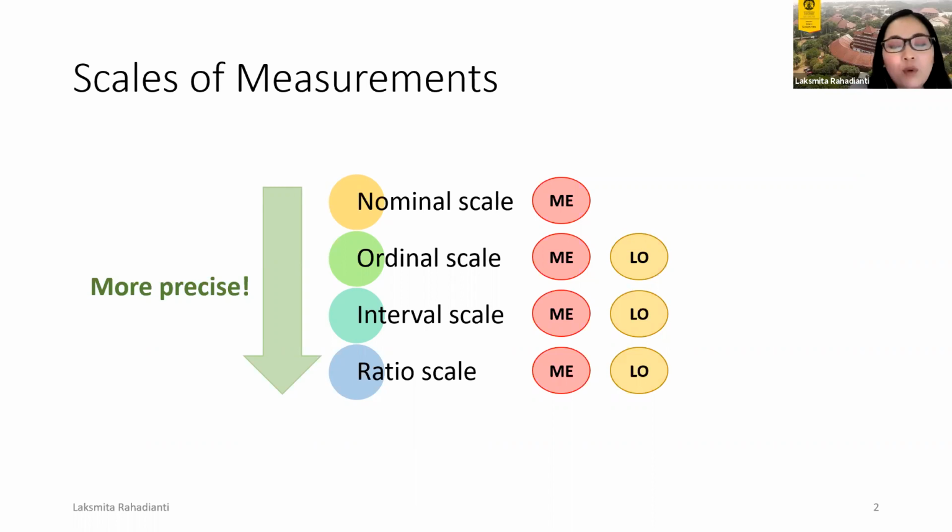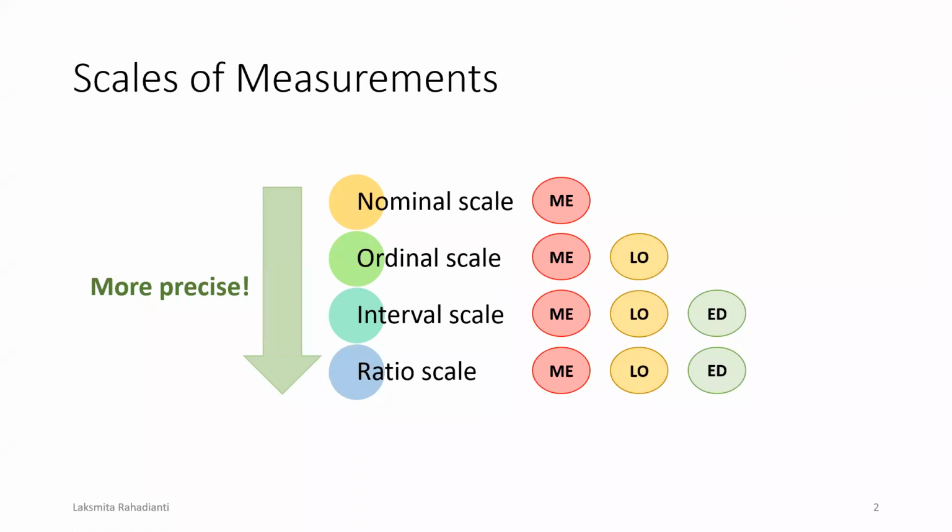Next, we have one more criteria, which is ED. Does anyone care to help me out on what ED stands for? Equal difference, ma'am. Okay, who's that? Yes, equal difference.